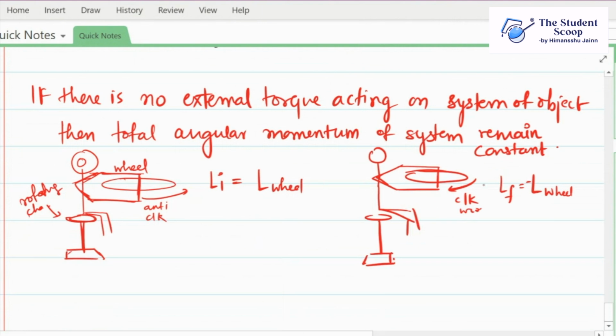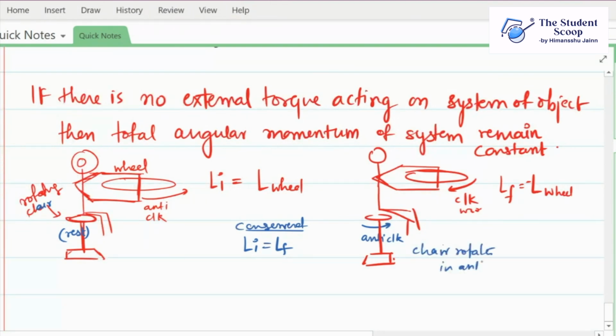But the chair is at rest, and there is conservation of angular momentum. This has to be conserved, and there are no external forces. So what happens is that the person and the chair start rotating in the anti-clockwise direction.